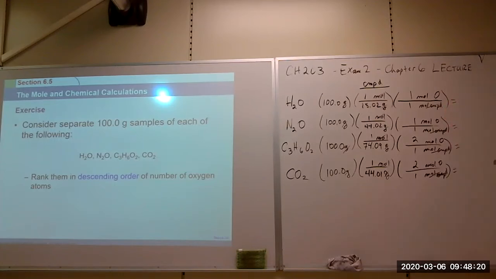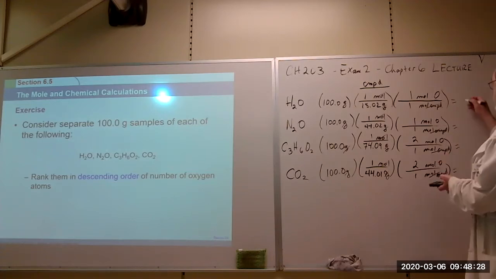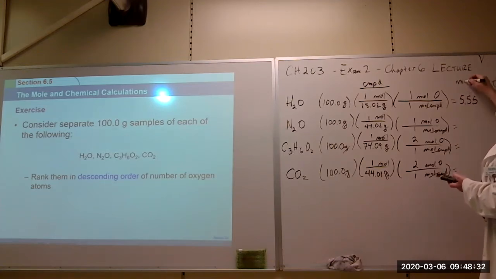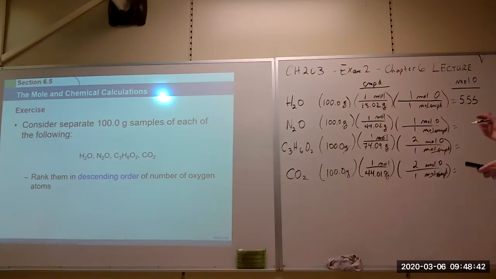So 100 divided by 18.02 times 1 is 5.55. This is moles of oxygen in this column. Now we got 100 divided by 44.02 times 1 is 2.227.